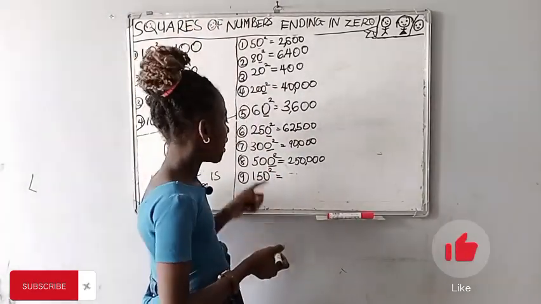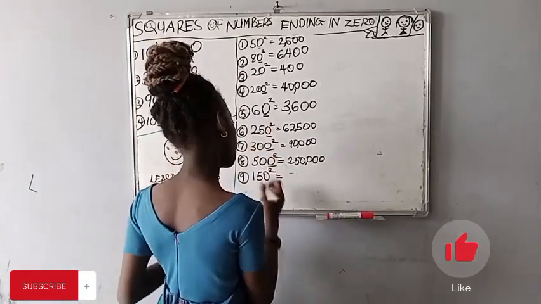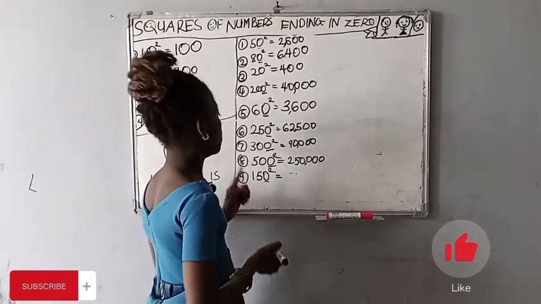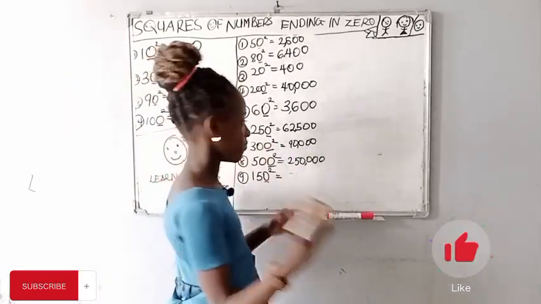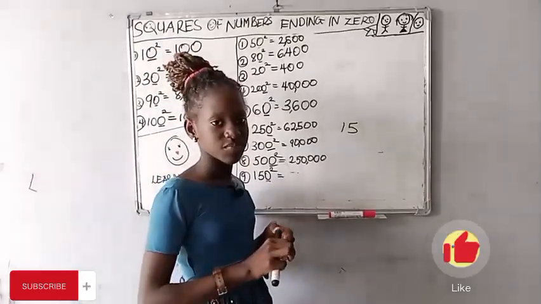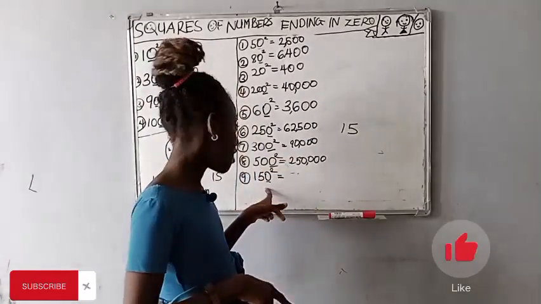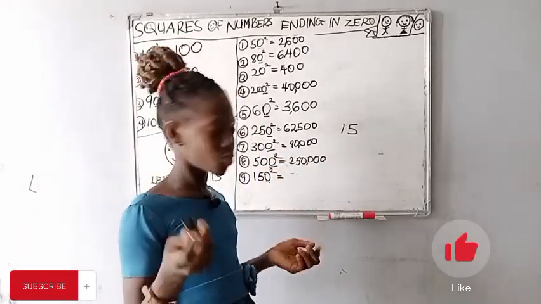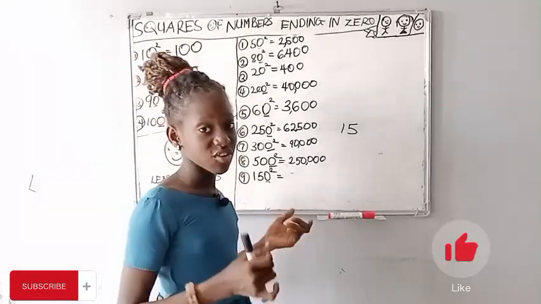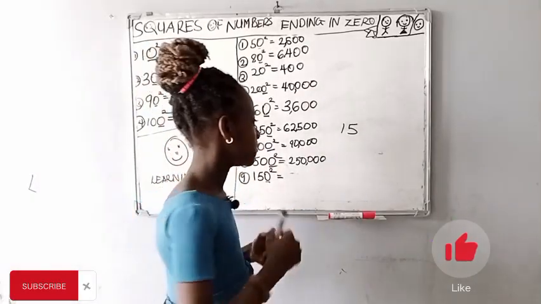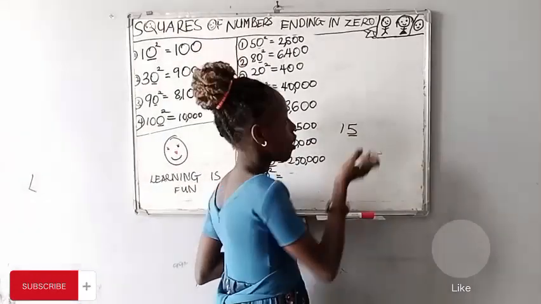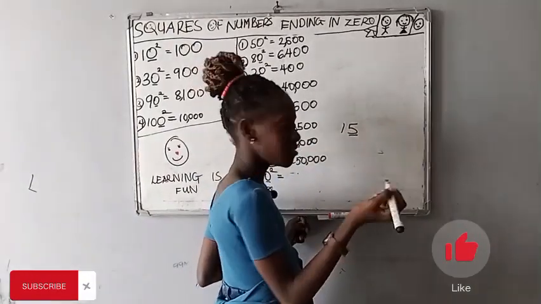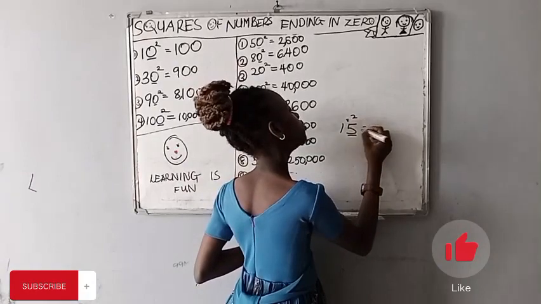Let's continue. I already explained this one here. So we mark out the 0, then 15 squared. Now let's find the square of 15, which brings us back to the other technique. We mark out the 5. Then we multiply 1 by the successive number, which is 2.